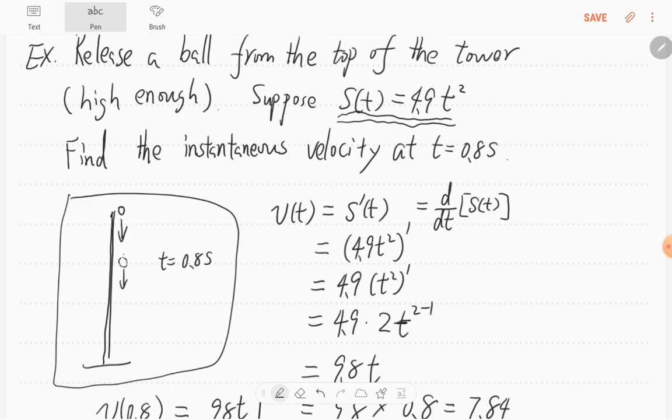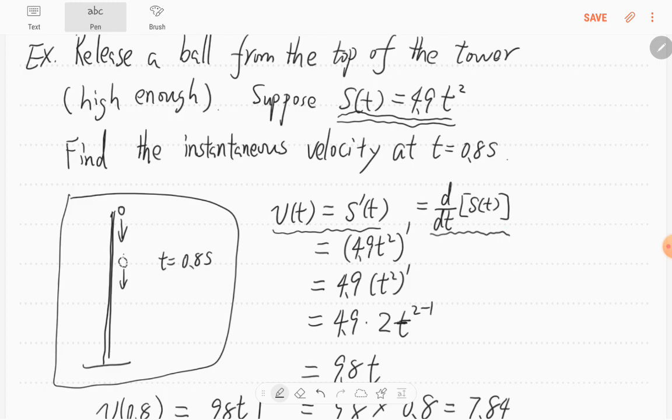So now we know the instantaneous velocity is actually the rate of change of the position function, which is the derivative of s, right? So this is the derivative. Here s prime, prime means take the derivative with respect to t. So the variable is t, not x anymore, right?